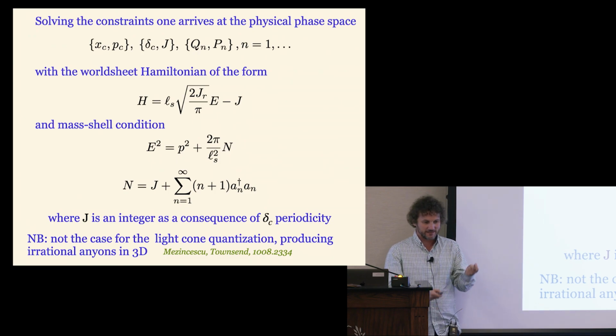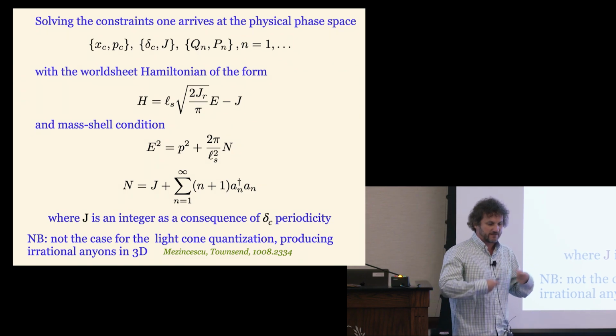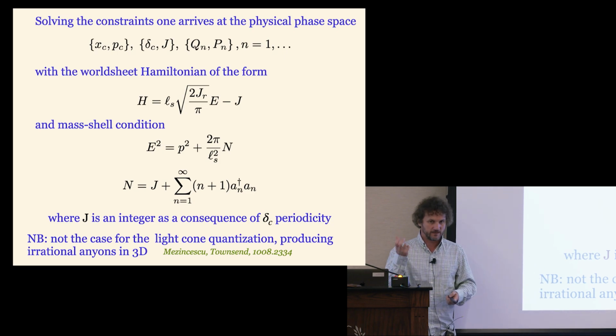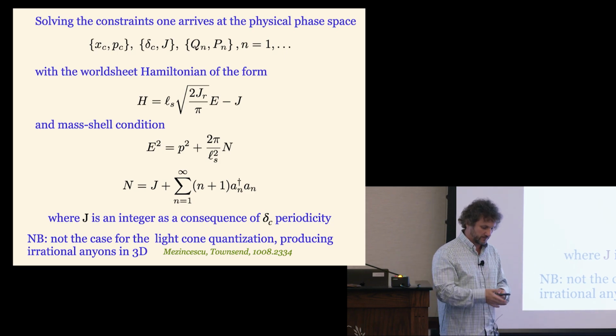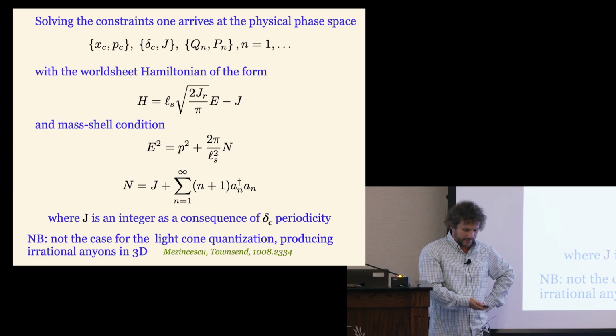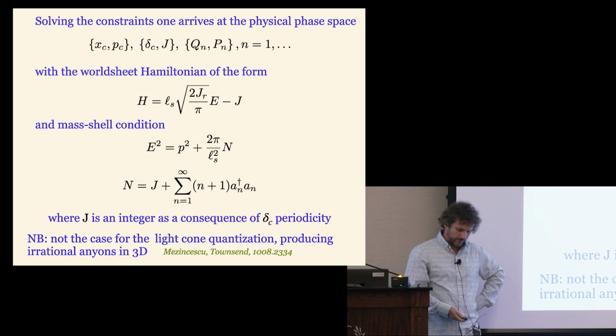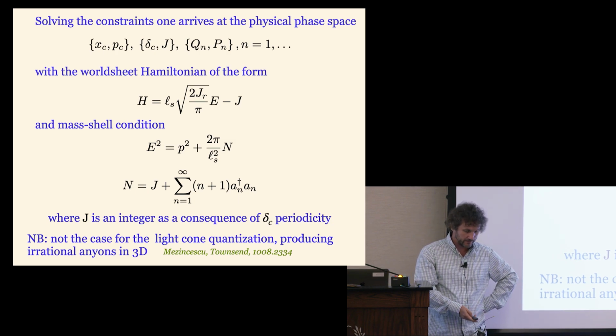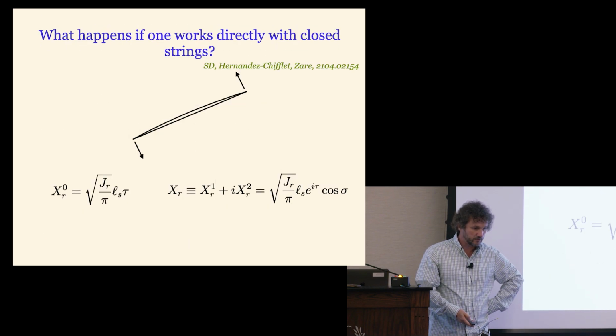You started with a classical theory which is invariant under Poincare, and ended up getting states in representations of the infinite cover. So you change the group. Somehow it's all related to this global structure of the anomaly for d equals 3, and I think it's interesting to understand it in more detail.